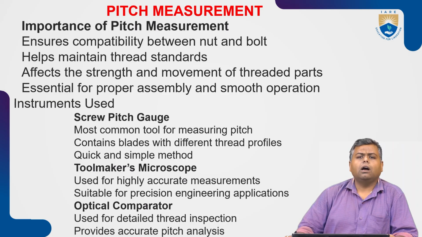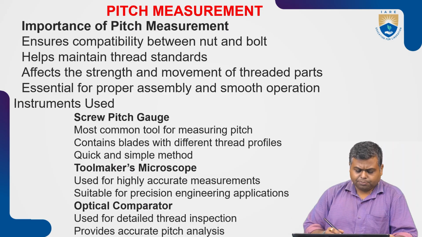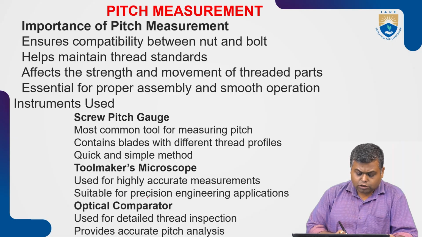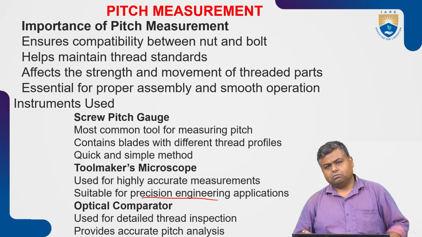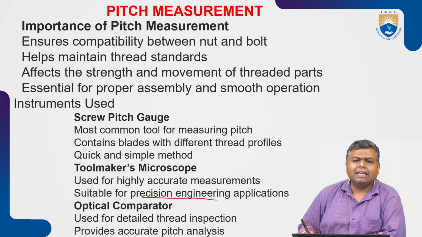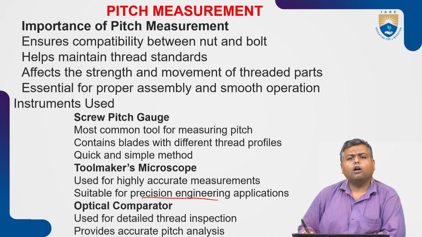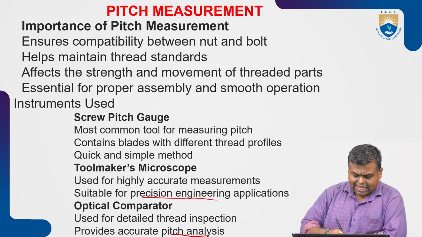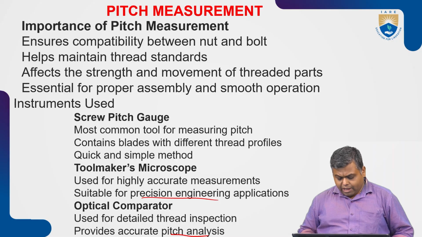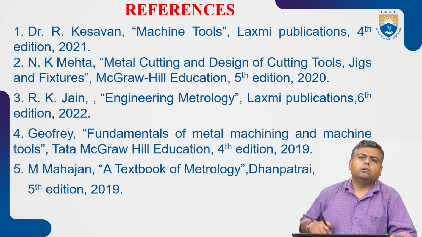It has a lens part used for highly accurate measurements and precision engineering applications. The last one is the comparator. The comparator is used for detailed thread inspection and also pitch analysis. So we can do the pitch analysis to see whether the machining we have done is proper or not.